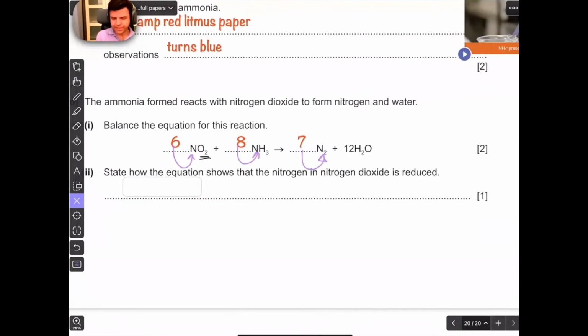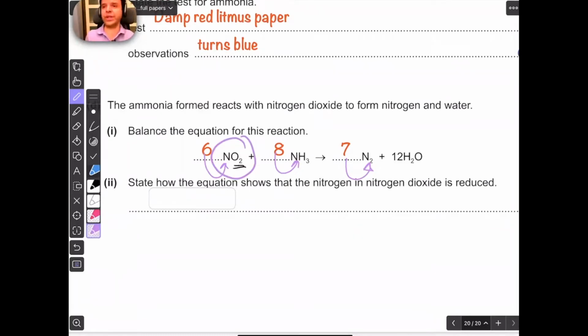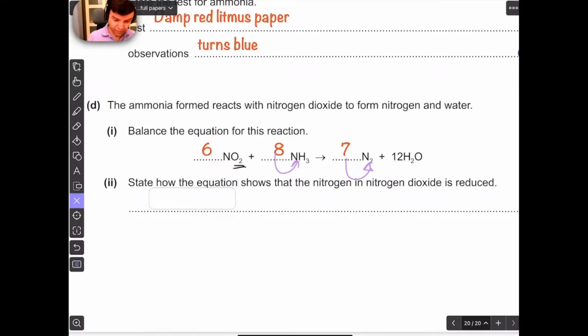Okay, all right. State how the equation shows that nitrogen dioxide has been reduced. So what evidence from this equation tells you that this nitrogen dioxide has been reduced? What do you think, Yusuf, is the answer? The oxygen atoms. Very good. Yes, it has lost its oxygen.